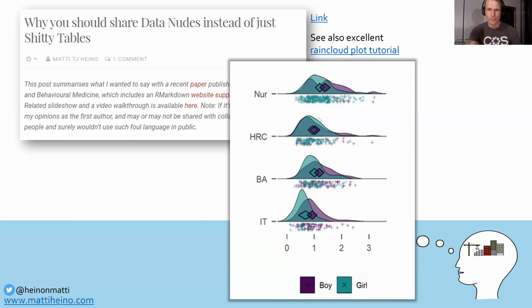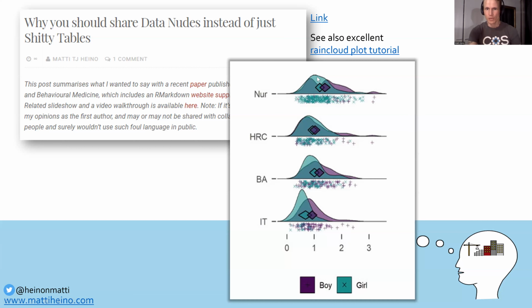These diamonds here show you the centrality estimate. The center of the diamond is the mean, and the width of the diamond is the uncertainty around it.